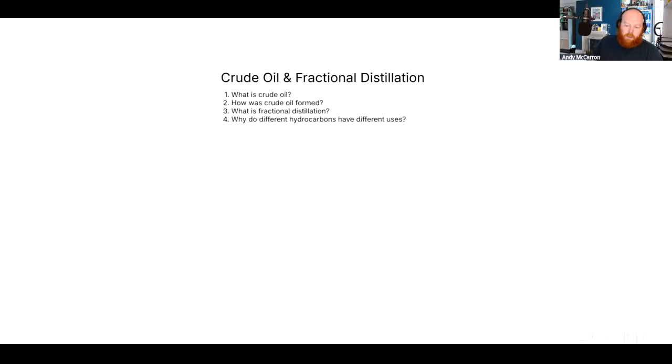And today, when we look at where all these hydrocarbons come from, we start to understand that crude oil is very useful for multiple different things. So we're going to today think about what crude oil is, how it's formed, and all these other things. So let's get delving straight into this.